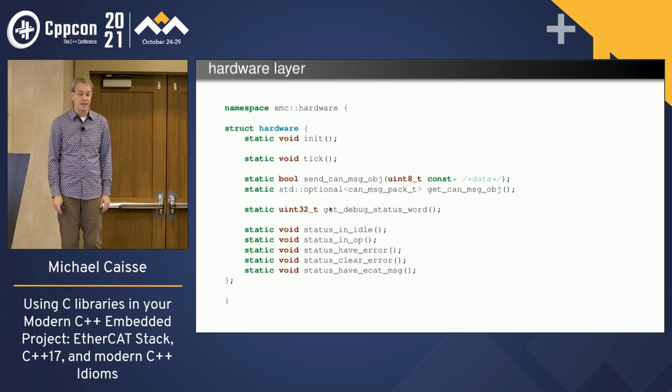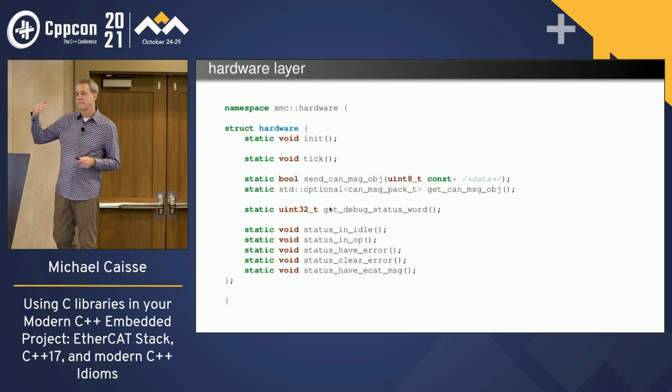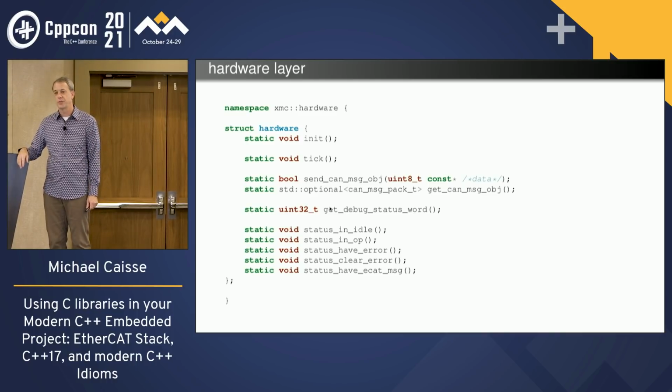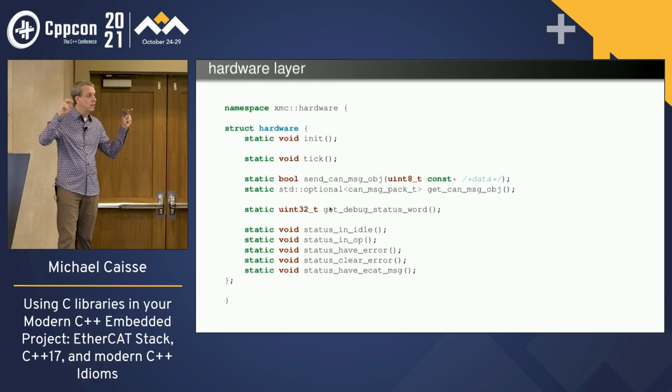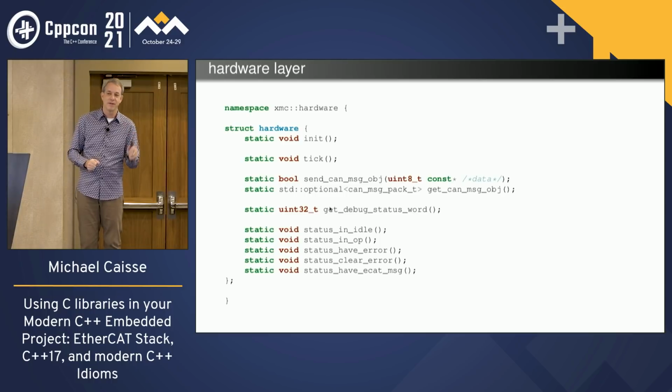Some debug things. And then this is another place where I see a lot that people will abstract, like digital I/O. I want to be able to say that I'm in idle, or I'm in operational mode, or I currently have an error, or I have a whatever.